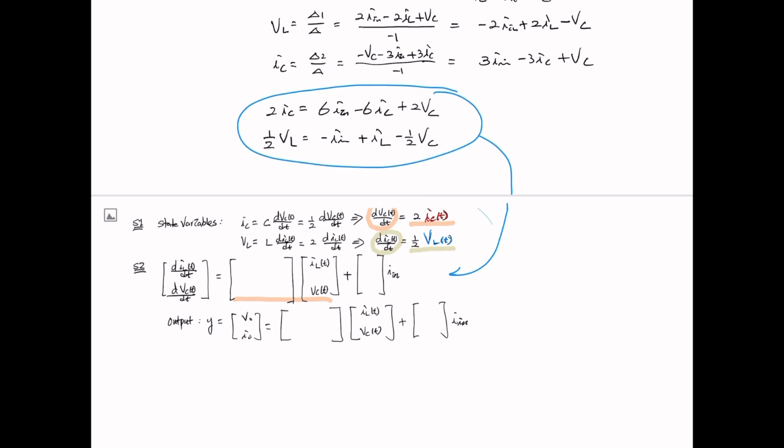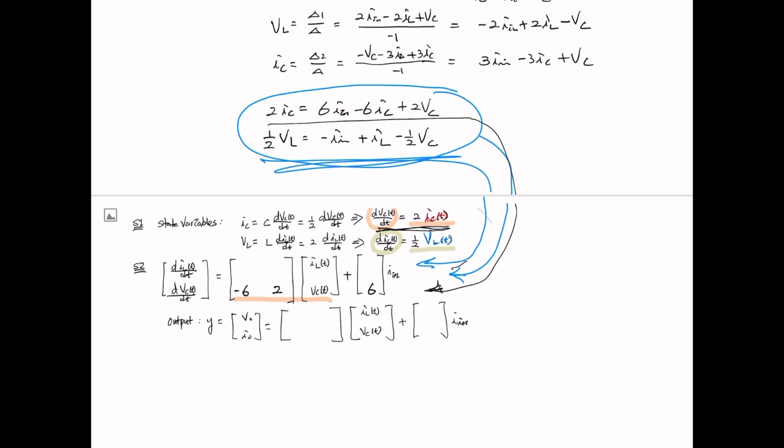That is going to be the coefficient here. The dVC over dt right here equals 2IC. So the coefficient of IL is negative 6, the coefficient of VC is 2, and the coefficient of I in is 6. And the second one is going to go here. So the coefficient of IL is going to be 1, the coefficient of VC is negative 1 over 2, and the coefficient of I in is negative 1.